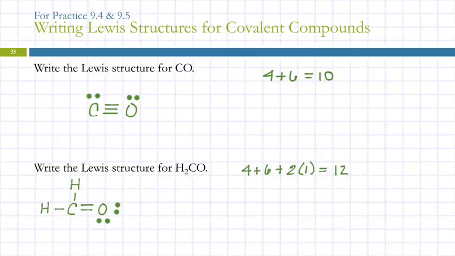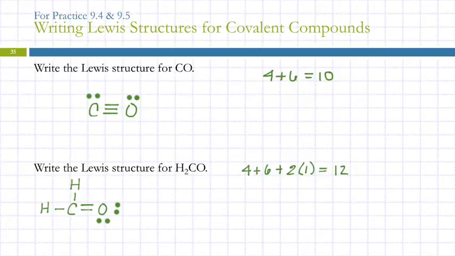Another thing that can help us, and this will tie into formal charges that we'll get to, but I think this is cool, so I want to show you. So how many bonds does carbon have in that molecule? The bottom one. That has 4. It's bonded to 3 atoms, but there's a double bond.